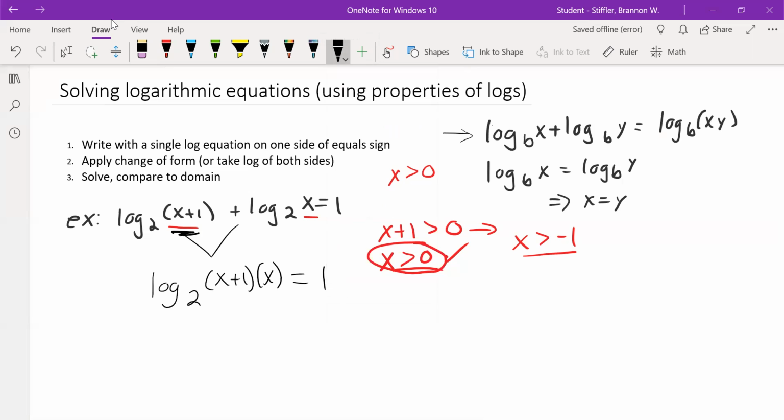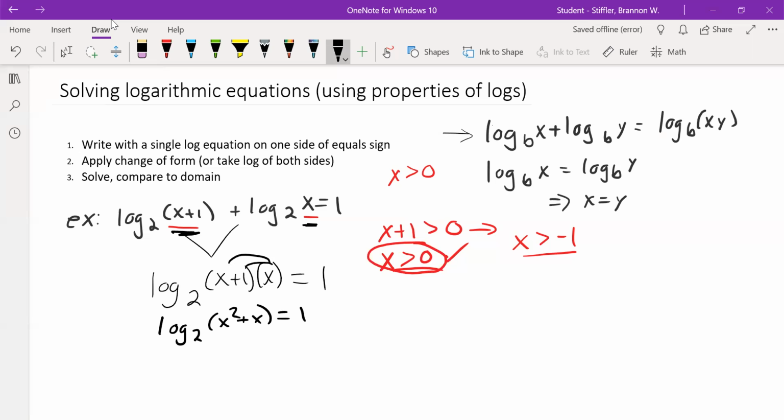So I'm applying that rule, where both parts of the individual logs I multiply together. So x plus 1 times x. And yes, after I distribute, I can make this log base 2 of x squared plus x equals 1. And yes, I feel it's important to keep the parentheses to keep track of things.